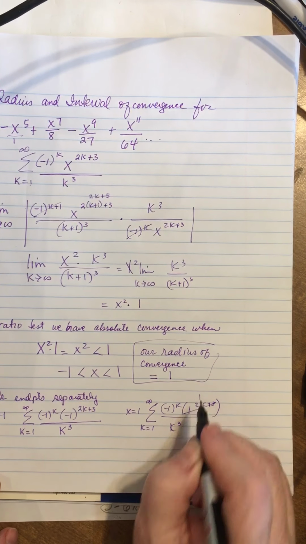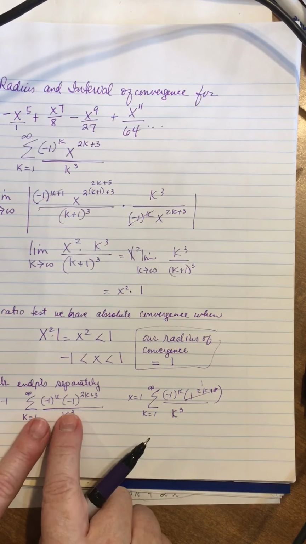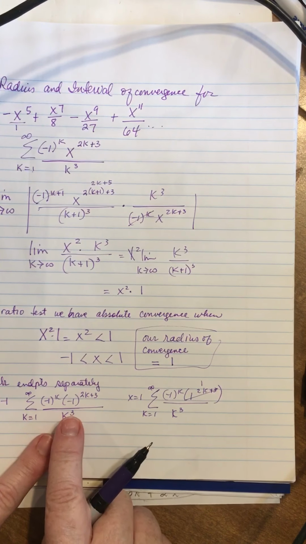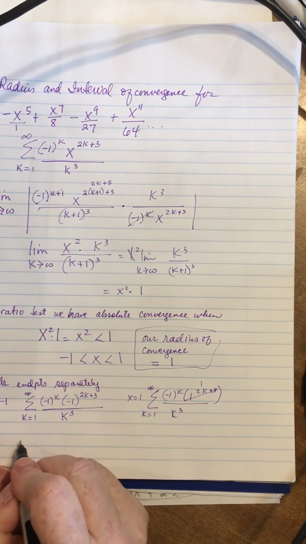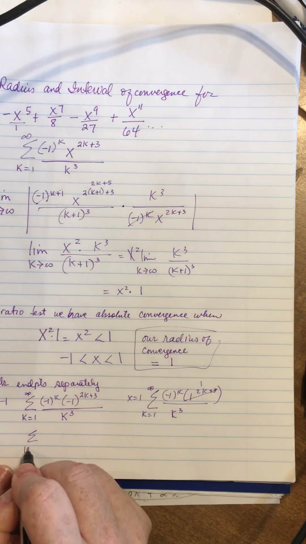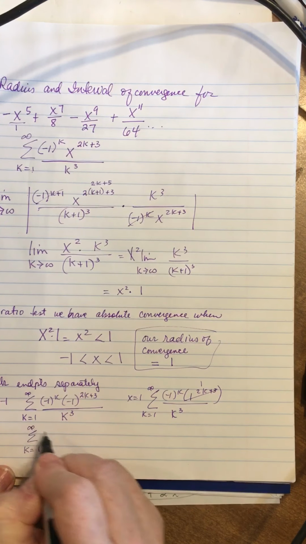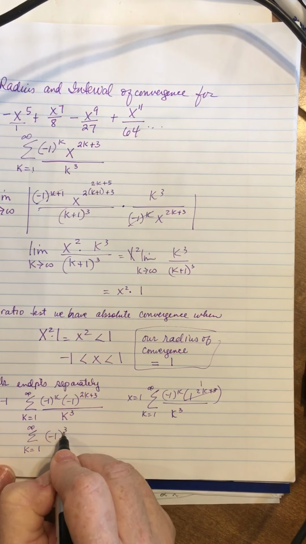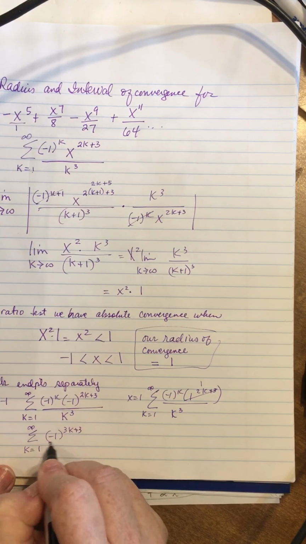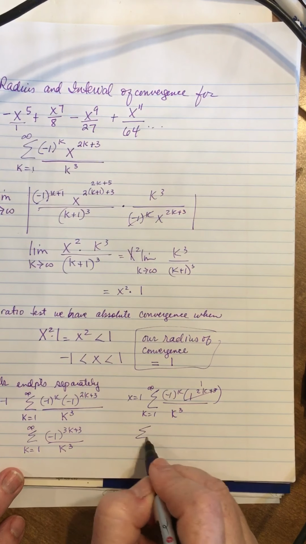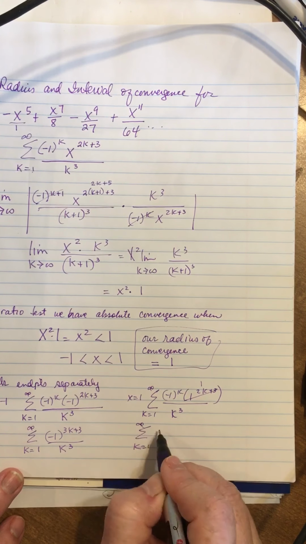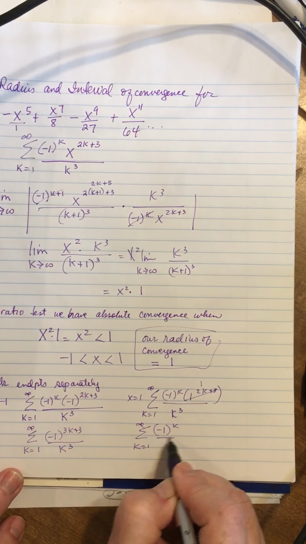So that part's just a 1 for that one. Here we will have -1 to the 3k plus 3 over k cubed.